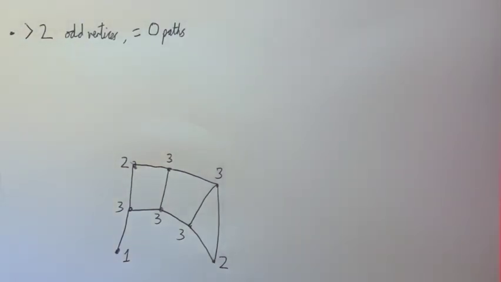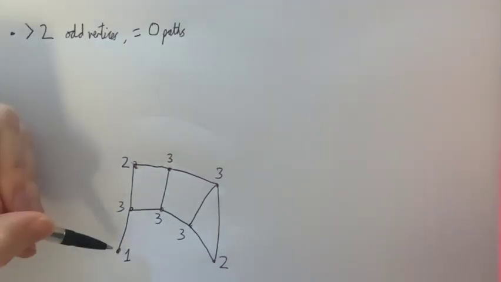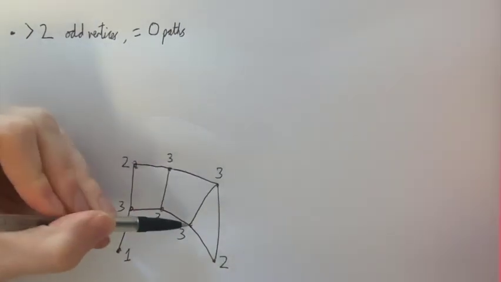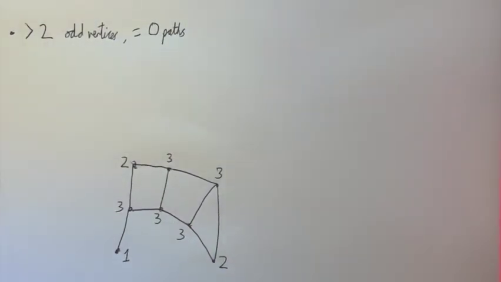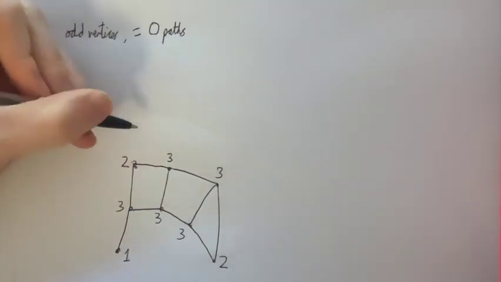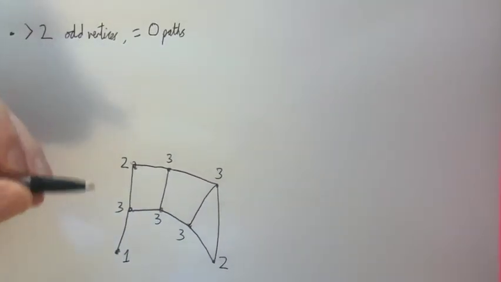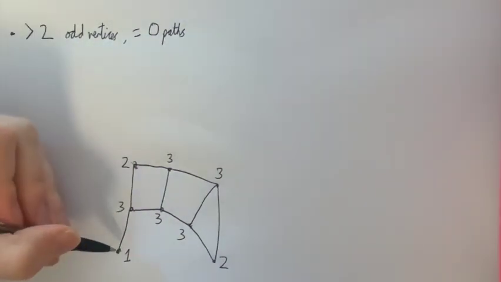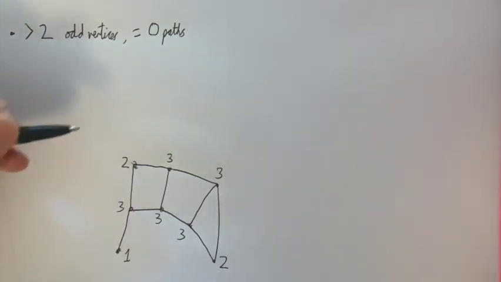So now how many of these vertices are of odd degree? Well, we've got 1, 2, 3, 4, 5, 6. Quite clearly, 6 is more than the 2 odd vertices needed. So, according to Euler's theorem, this will have 0 Euler paths, and we can see this by simply testing it by trial and error.